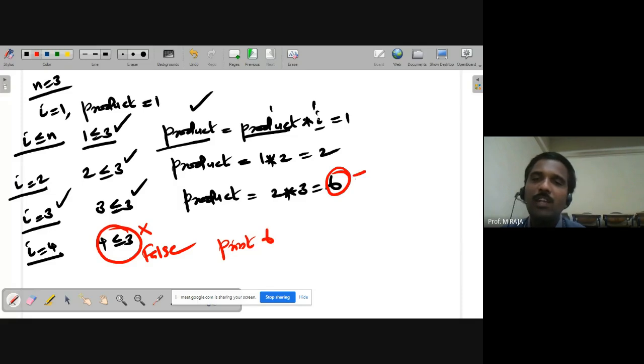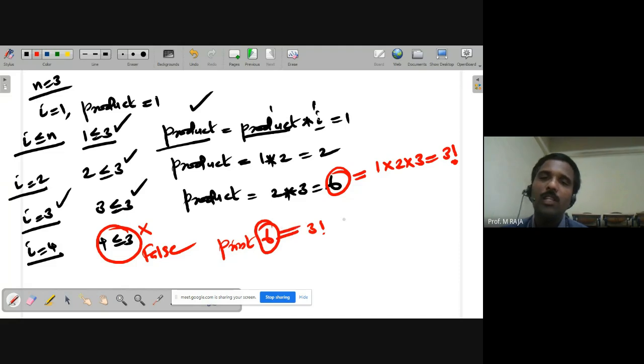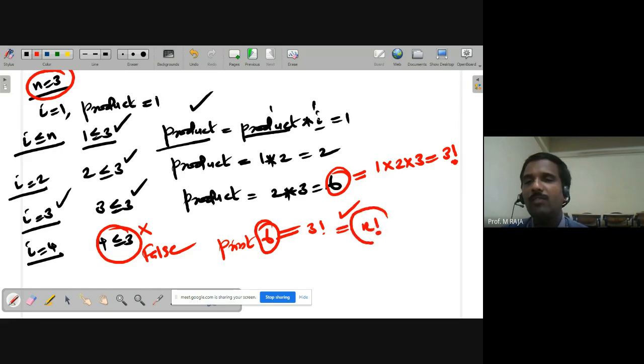But actually, what is 6? 6 is equal to 3 into 2 into 1 or 1 into 2 into 3. This is the value of 3 factorial. So print 6, that is equal to 3 factorial. Since n is 3, this is actually the value of n factorial.